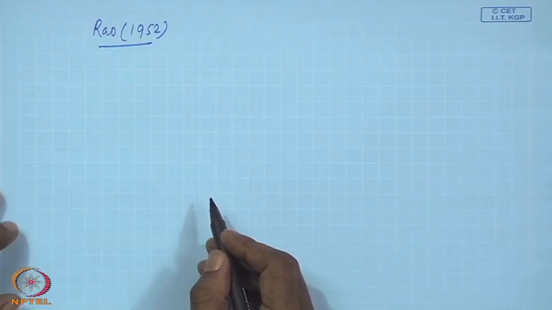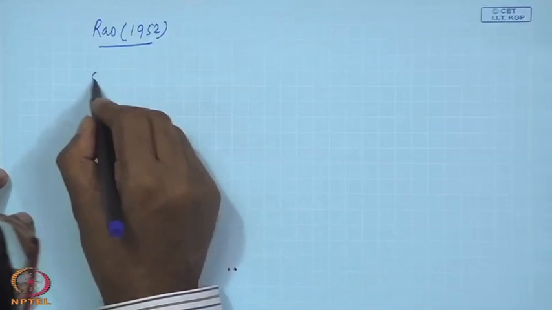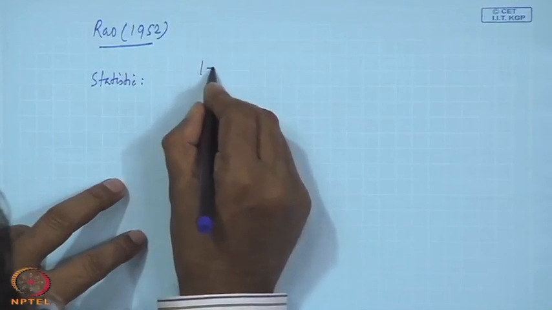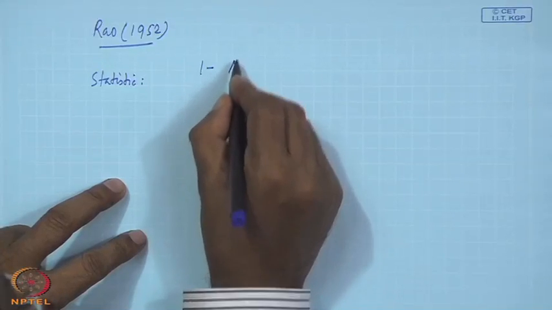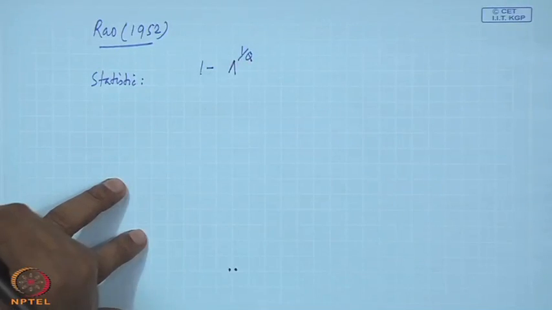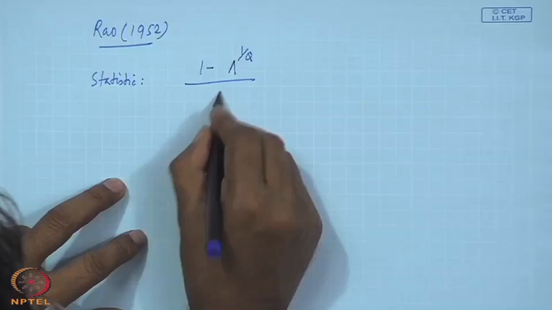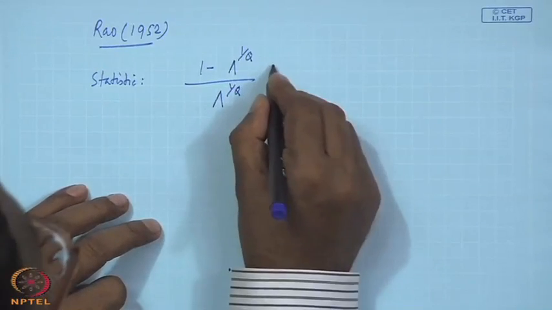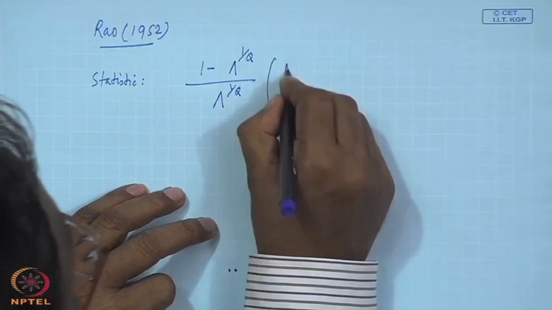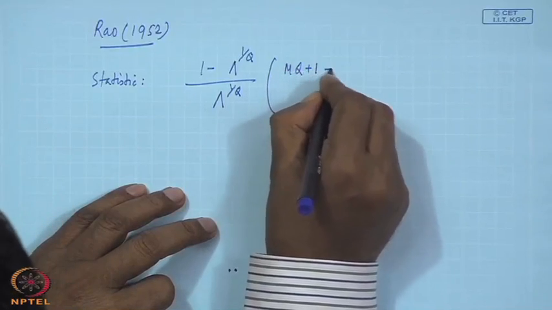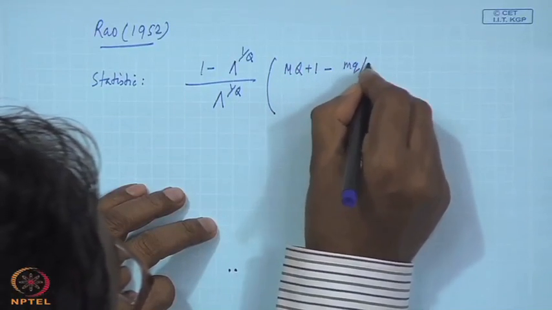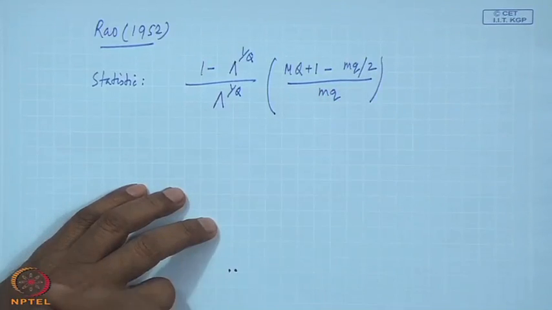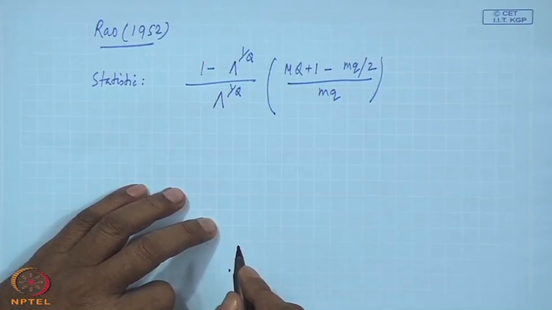His statistic is: (1 minus lambda to the power 1 by q) divided by (lambda to the power 1 by q), into (mq plus 1 minus mq by 2) divided by mq. This is the statistic. Okay.